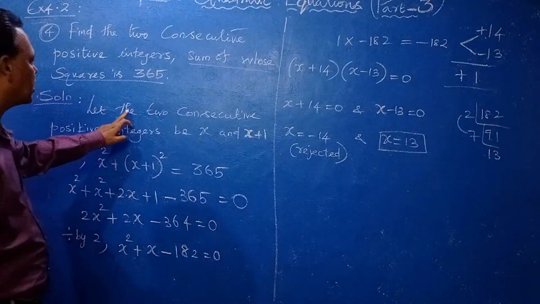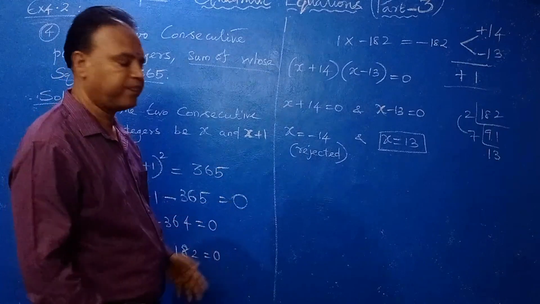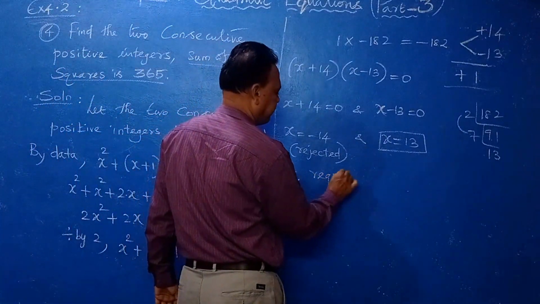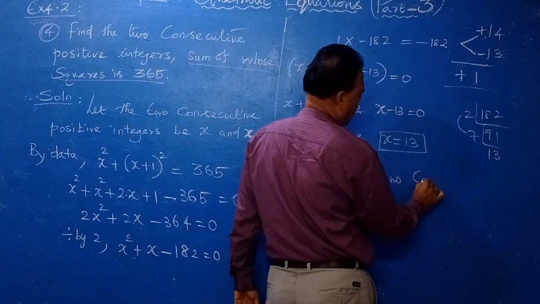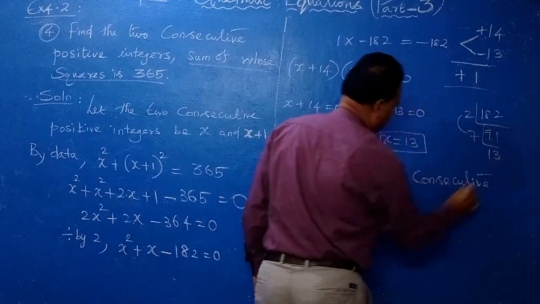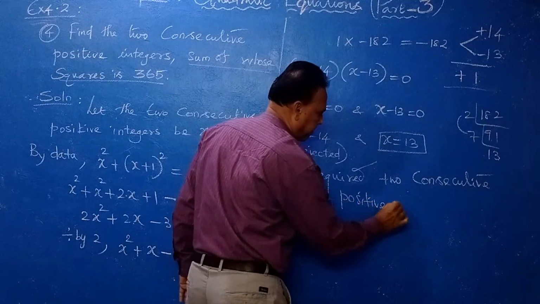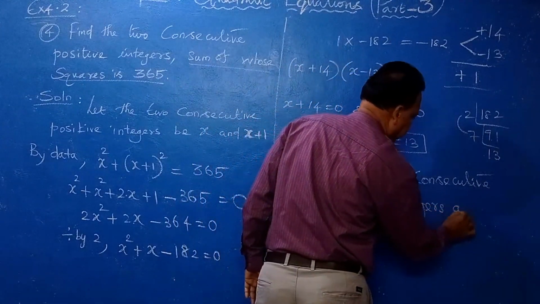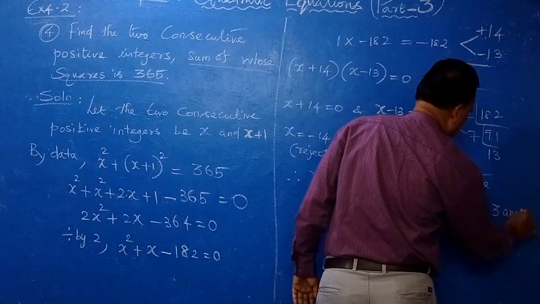Now the two consecutive numbers are, one is 13 means the other one is 14. Therefore, the required two consecutive positive integers are 13 and 14.